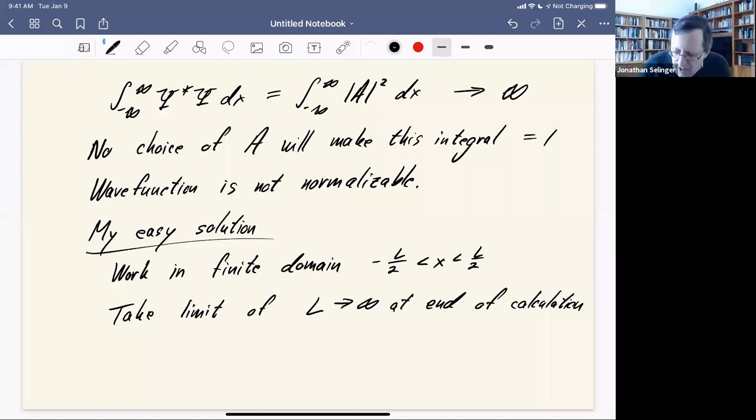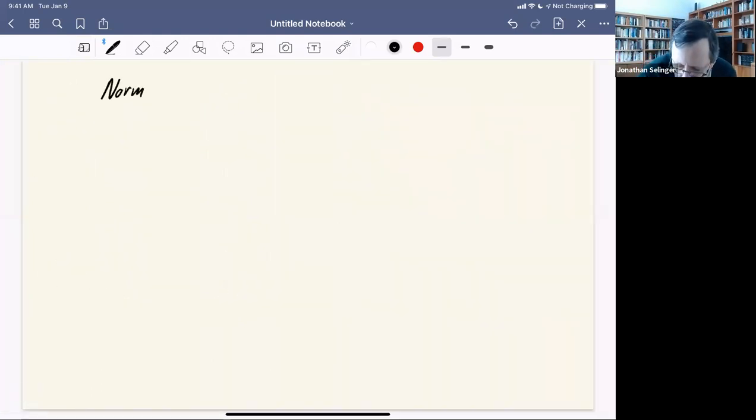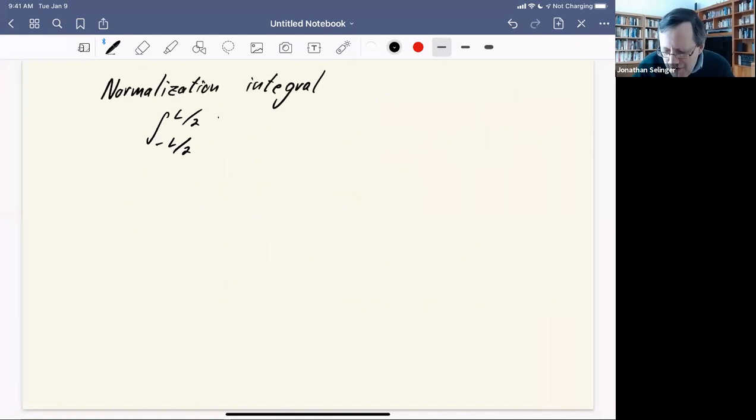Okay, so in my easy way, I would say for the normalization integral, let's say we want the integral from minus L over 2 to L over 2 of psi magnitude squared to be equal to 1.